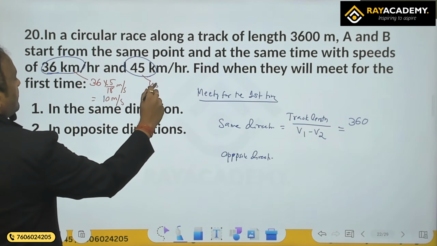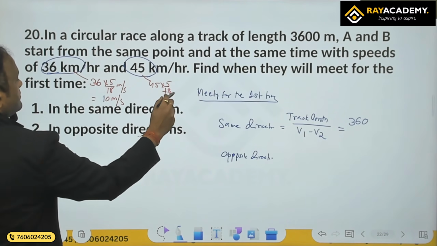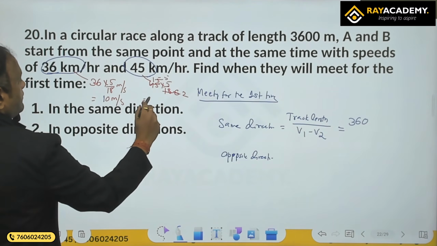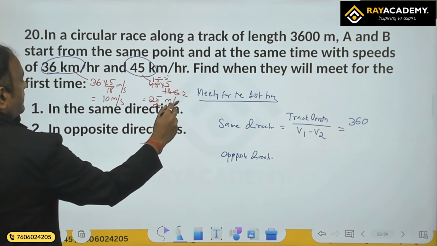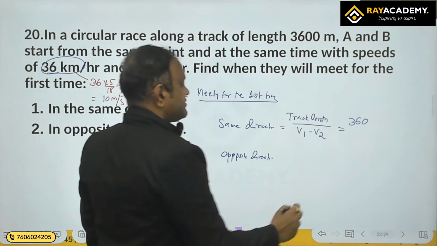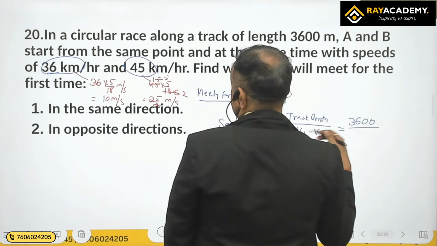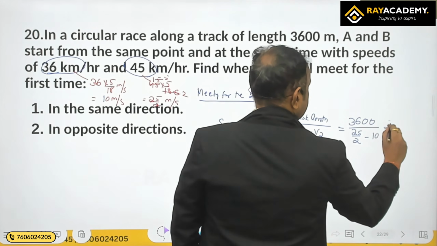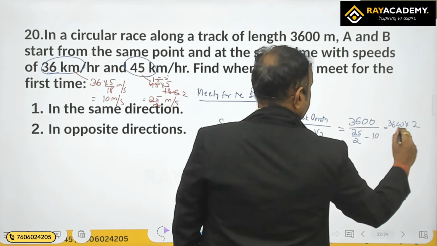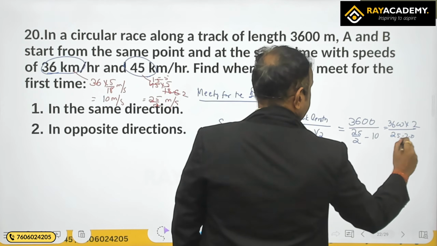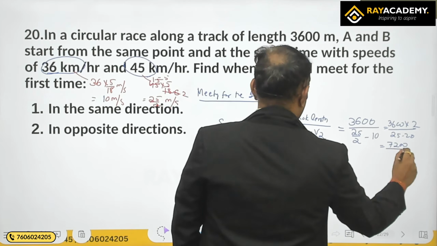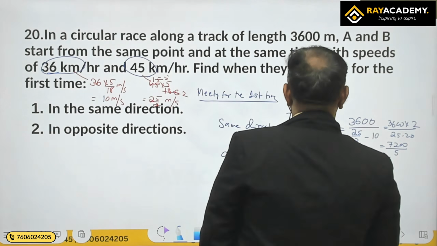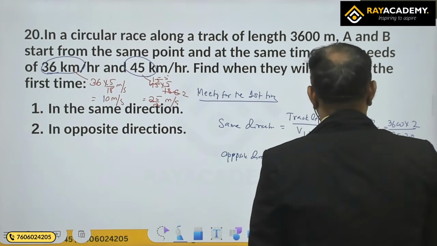Similarly 45 into 5 by 18 is 25 by 2 meter per second. So the answer is 3600 by 25 by 2 minus 10. So this is 3600 into 2 by 25 minus 20, so 7200 by 5, in meter per second.